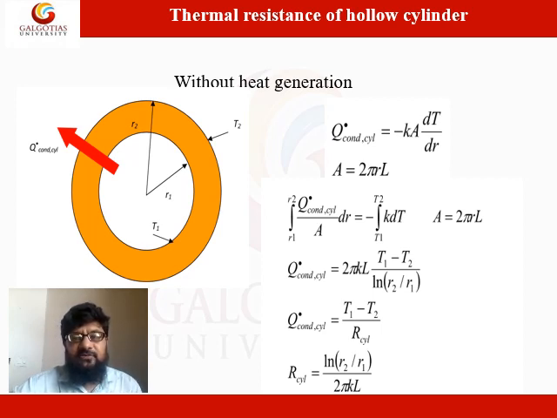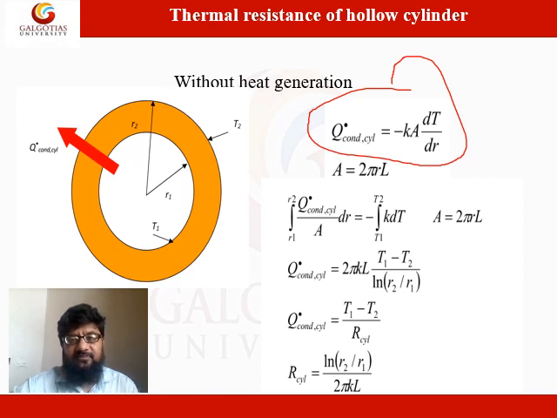So using Fourier's law in radial coordinate system, we can write the conducting heat transfer rate as minus KA dT by dr, where A is the perpendicular area which is normal to the heat transfer direction.